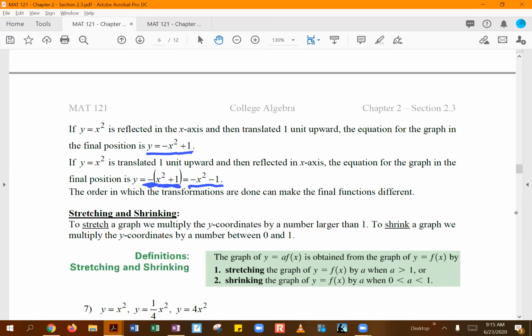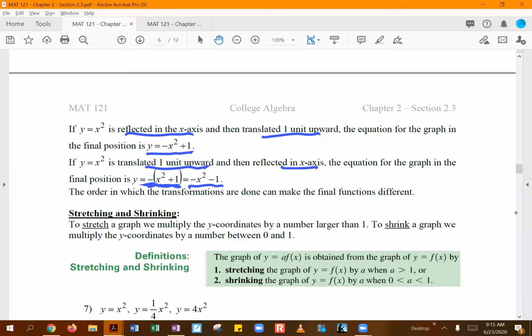So you can see, depending on which transformation we did first, it is going to make a difference on what kind of equation you get. In the first one, we did the reflection first and then translated 1 unit up. In the second example, we translated it 1 unit upward and then did the reflection.